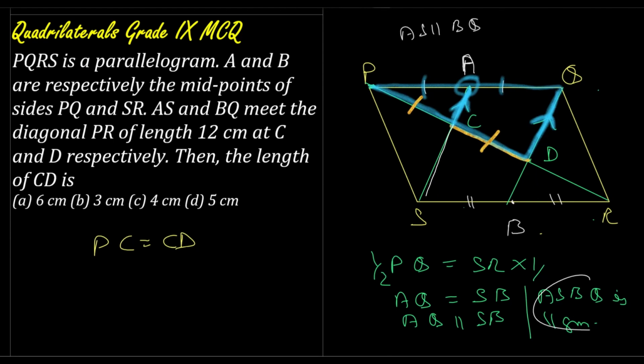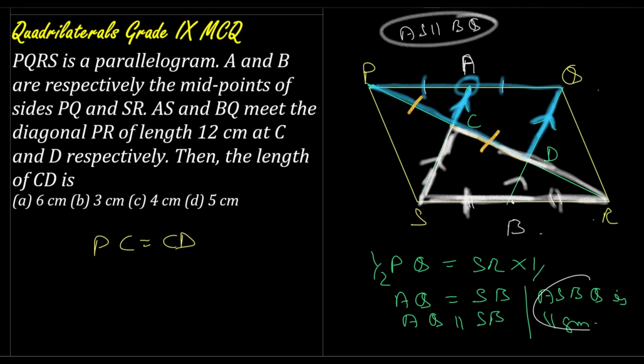Now we'll be considering another triangle. This time I'm going to consider this triangle, SRC. In this triangle, B is the midpoint of SR, and we also know that this line is parallel to this as parts of parallel lines.